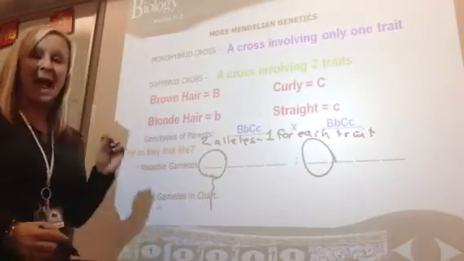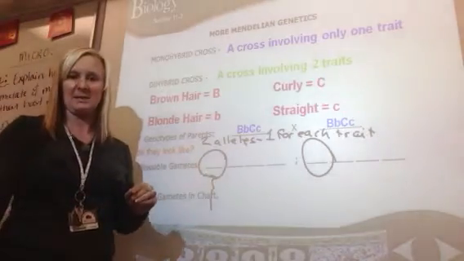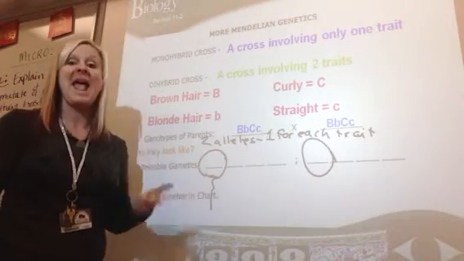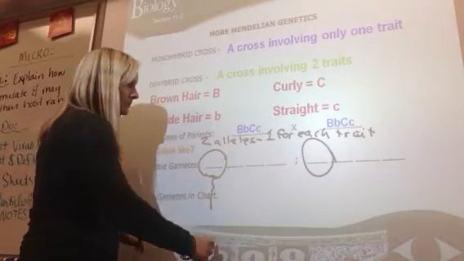Okay? They have to get one for each trait. So that means in every single one of these lines, there has to be both a B and a C.